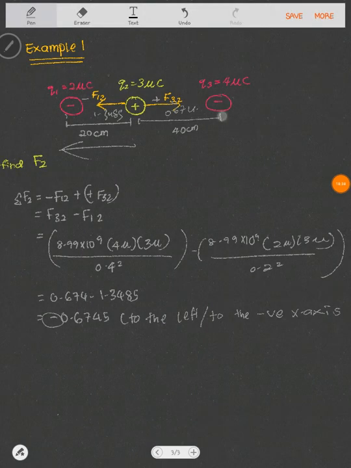So tadi F1 kita dapat 1.1487, F2 ni pula kita dapat negatif 0.6745, and F3 nanti kalau cuba sendiri jawapan dia adalah negatif 0.475 Newton to the left lah.